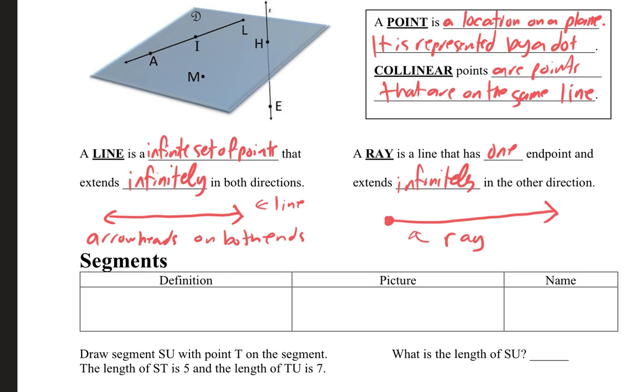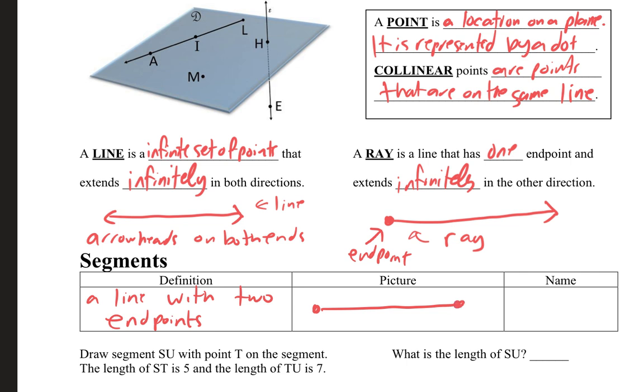So next is a segment. Okay, the definition of a segment, it's a line with two endpoints. Okay, so this is an endpoint. So if it's a line with two endpoints, then we would say something like that right there.